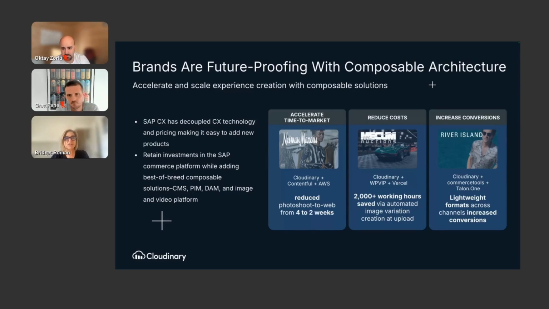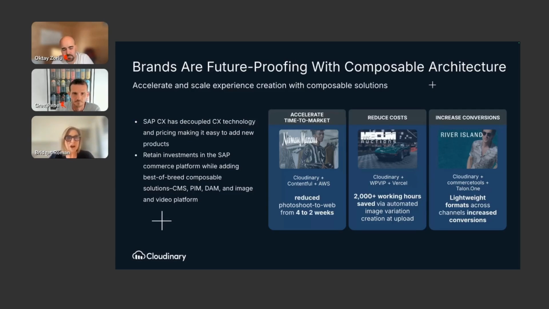They've reduced their resourcing, their dev hours by 2,000 hours by purely bringing in automation around their image creation and delivery. Greg's going to get into some of that in a little bit. And then lastly, River Island, another amazing brand in Europe where they've been able to make their performance on their web pages so much faster through automating the way that they're treating their images and videos and really reducing file size to make their experiences so much more performant.